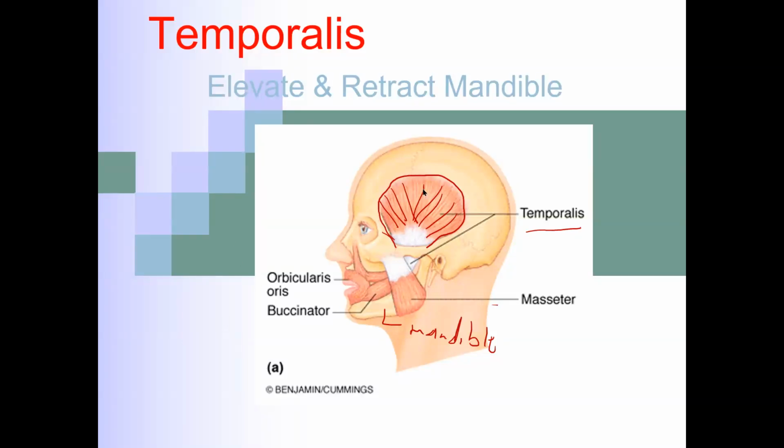Now, humans picked up a recessive gene at some point in our history. This is hundreds of thousands of years ago. And that gene caused the temporalis muscle to shrink in human beings. So we picked up a defective gene in the human line that caused the shrinking of the temporalis muscle.